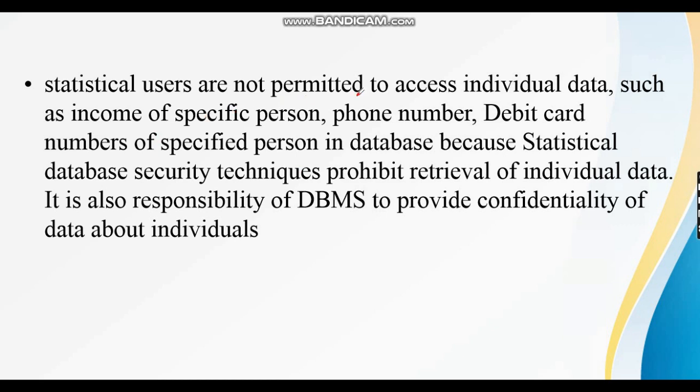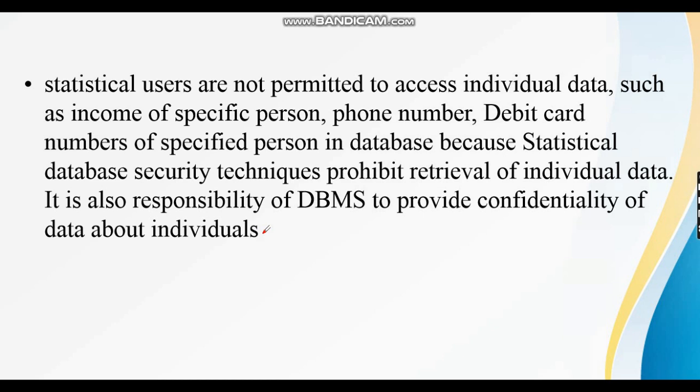Statistical users are not permitted to access individual data such as the income of a specific person, phone number, or debit card numbers of a specified person in a database, because statistical database security techniques prohibit retrieval of individual data. It is also the responsibility of the DBMS to provide confidentiality of data about individuals.